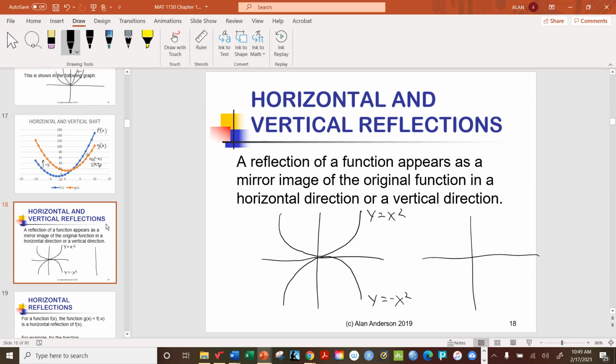On the vertical side, I don't know of any. Well, let's just say that if you had something like this going on, which I don't know the graph of, this would be what we would call a horizontal reflection. And this would be a vertical reflection.